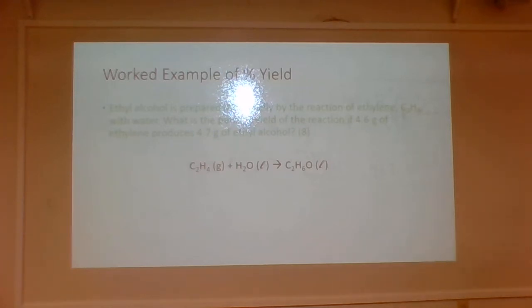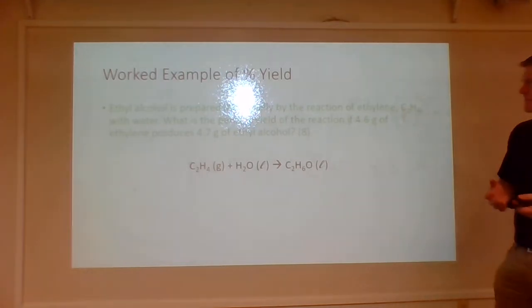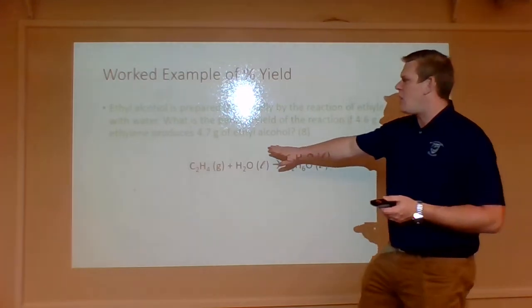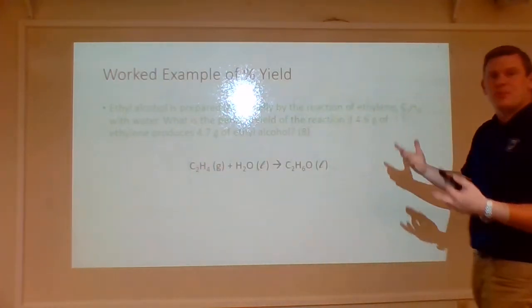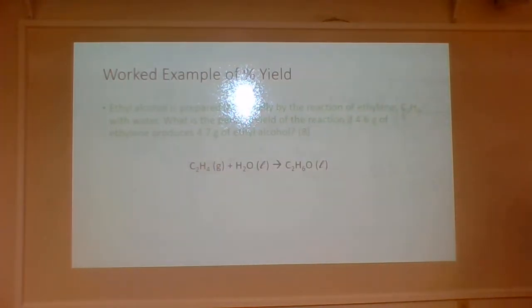Okay, so we have our actual yield, which gives us our 4.7 grams. That's the product that we actually produced, so we can measure it out and see that's how much we produced.